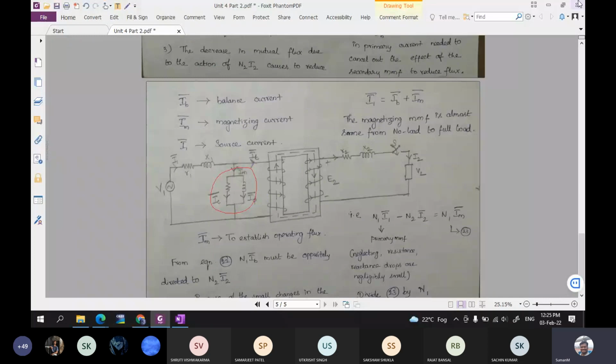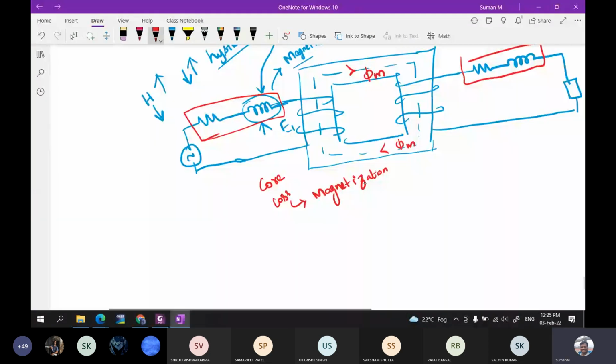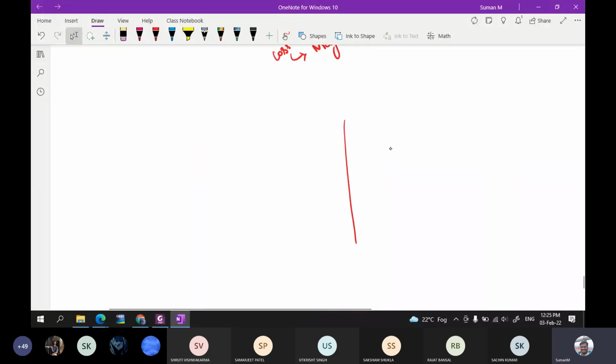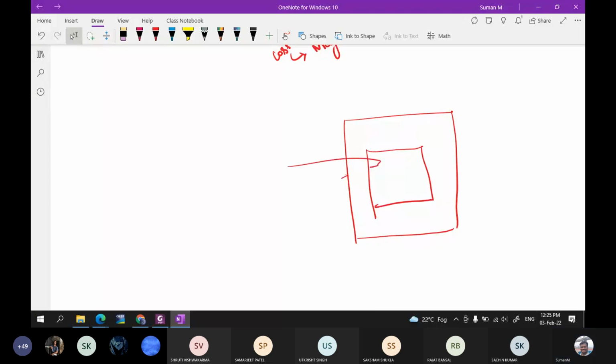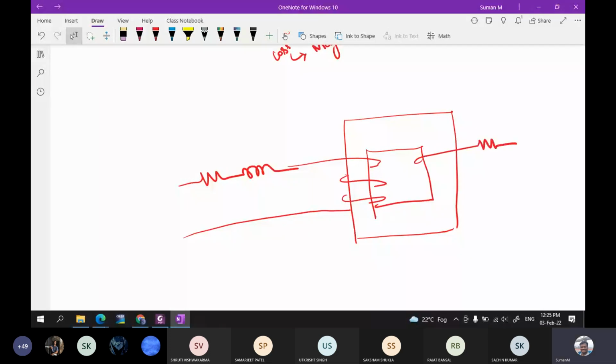So this is the transformer, and in this we have a primary winding with a resistor and an inductor, and the secondary with an inductor and resistor. Then you have the load.